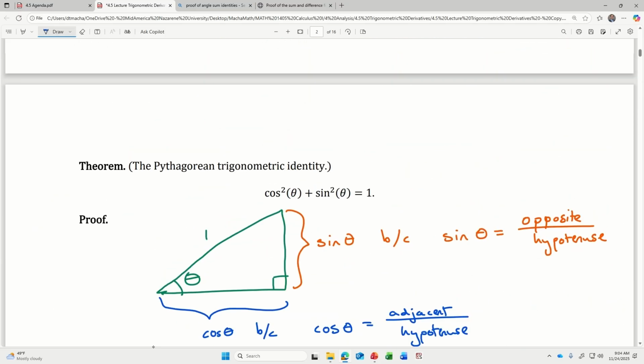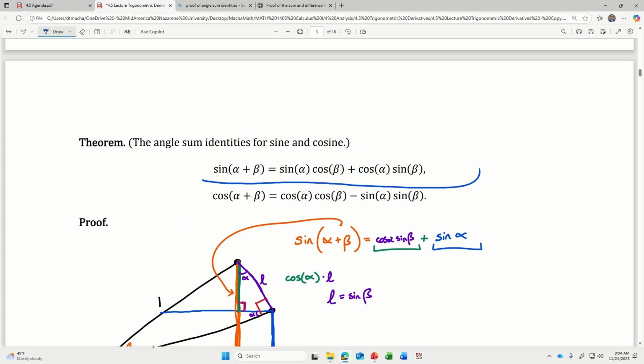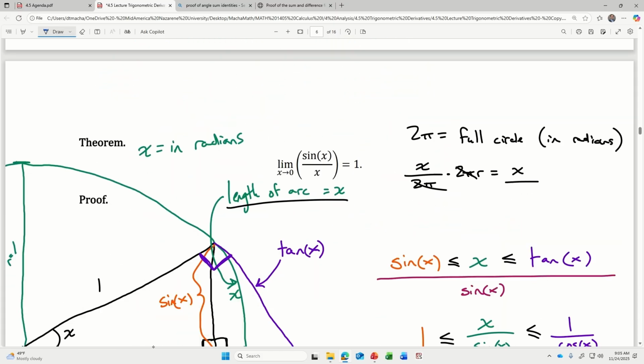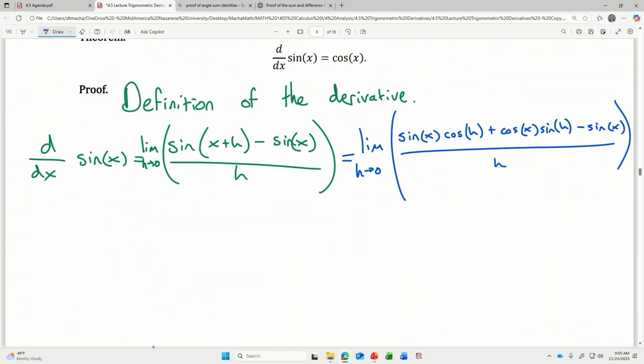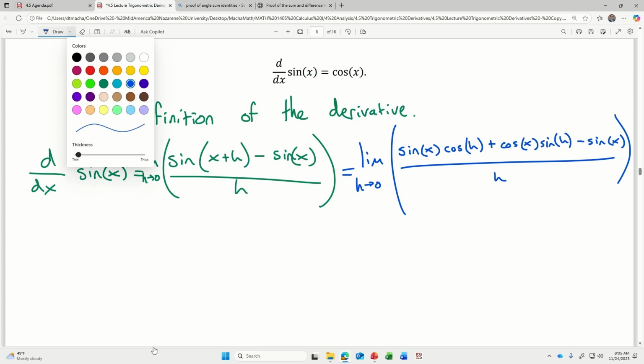That is an application of this identity where I just set alpha equal to x and beta equal to h. So we use that trig identity, and then we are going to rearrange this just a little bit.